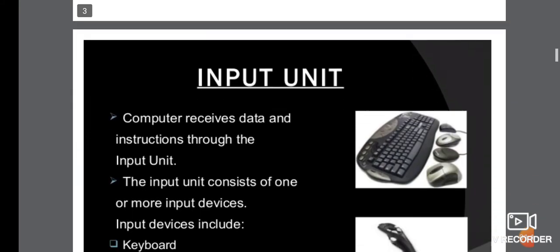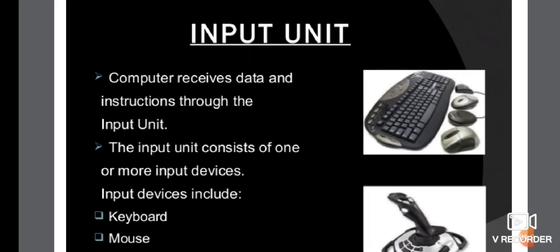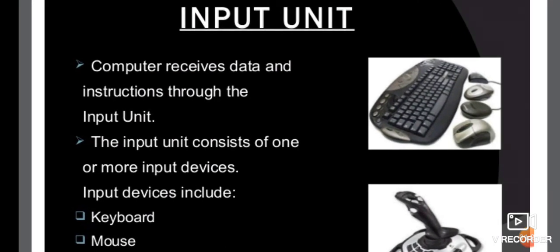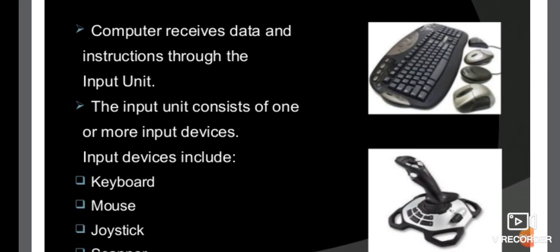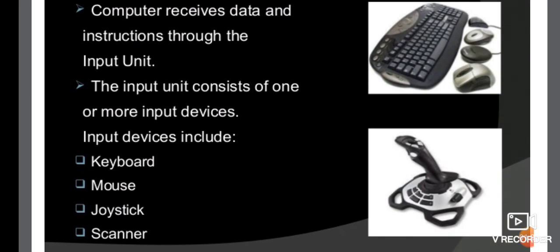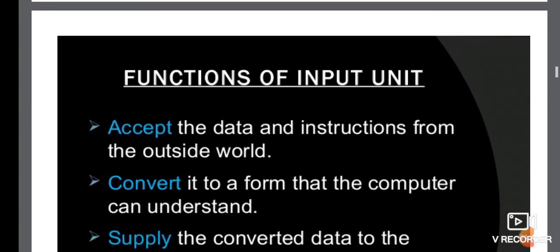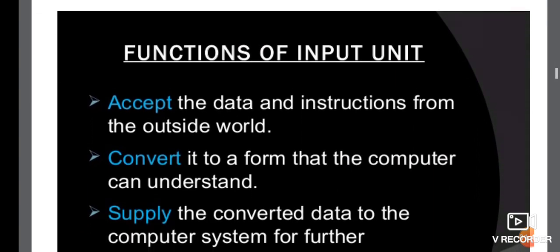The first one is the input unit. The computer will receive the data and instructions through the input unit. There are many input devices available today, including keyboard, mouse, joystick, scanner. Let's see the functions of the input unit.